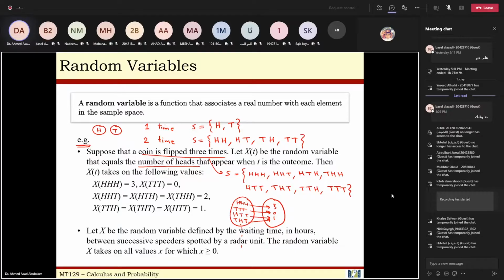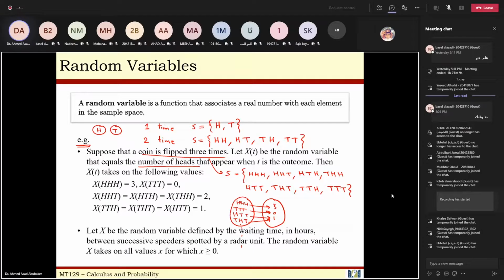Sometimes the random variable is not discrete like 0, 1, 2, 3, 4, half, but must be an interval. For example, temperature or time must have an interval. For example, the temperature between 30 and 35.